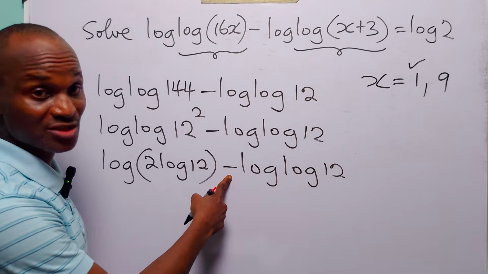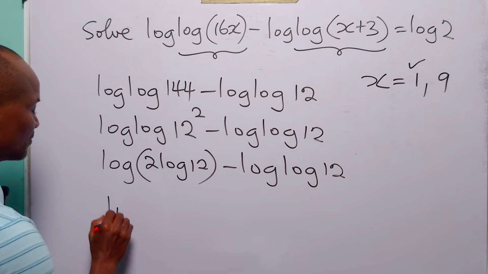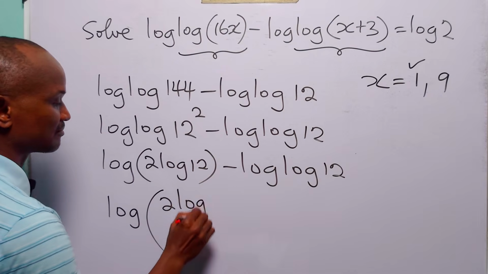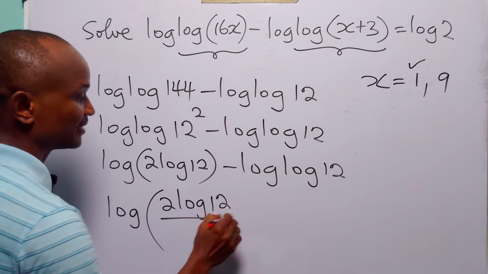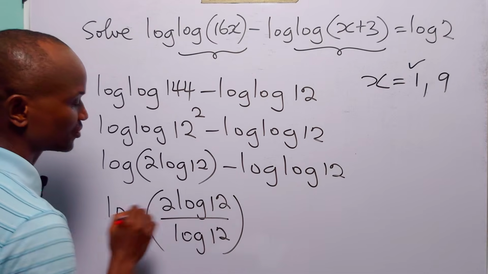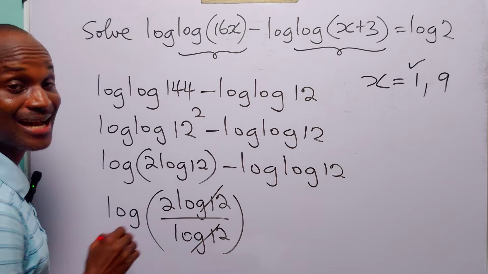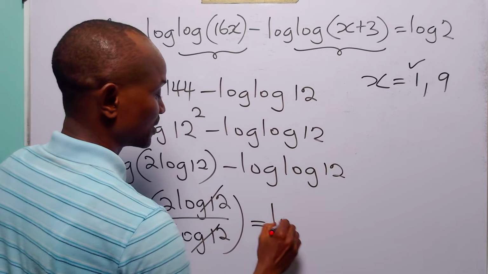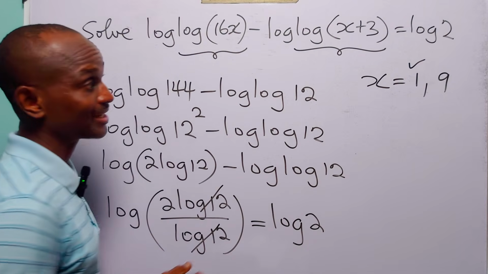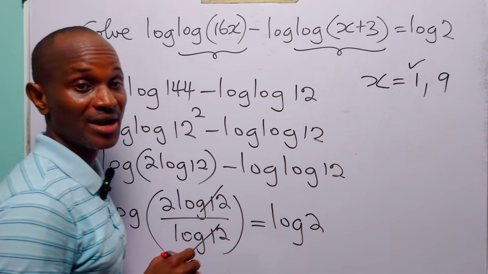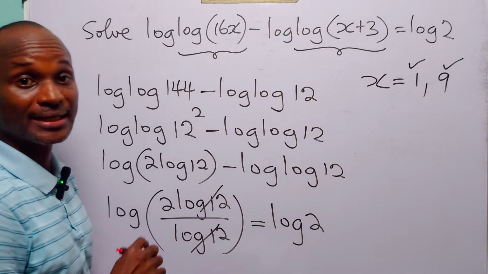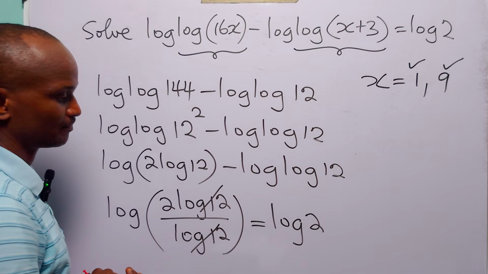And then applying the subtraction rule, we have log 2 times log 12 divided by log 12. This is going to cancel that, leaving us with log 2, which is exactly what we have on the right hand side. So both of these values of x satisfy the original equation.